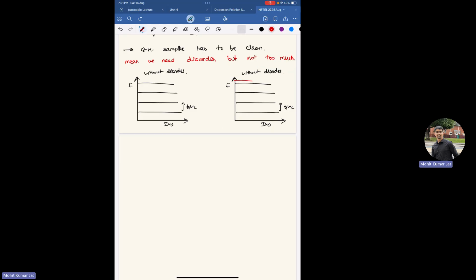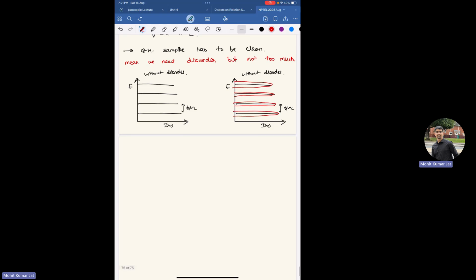With disorder, they will become like this. Instead of very pinpointy, flat, Dirac-like peaks, they become more like Gaussians or that kind of thing.